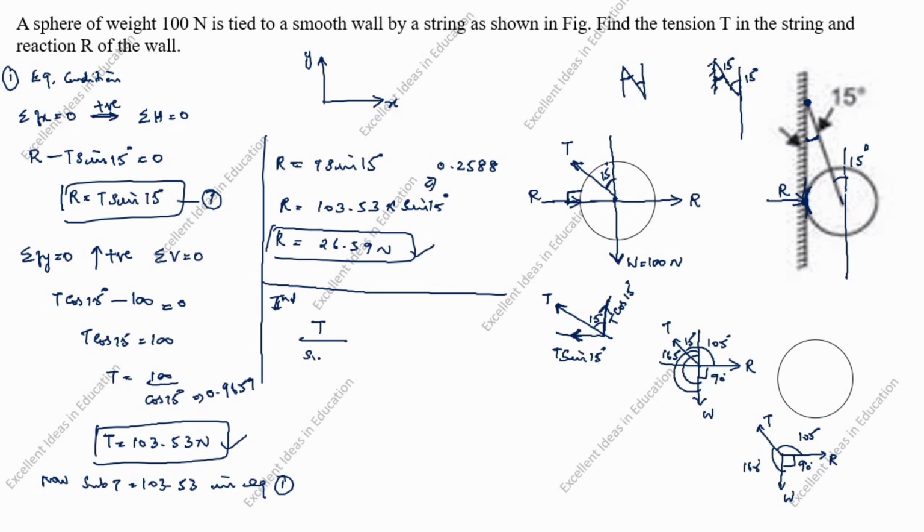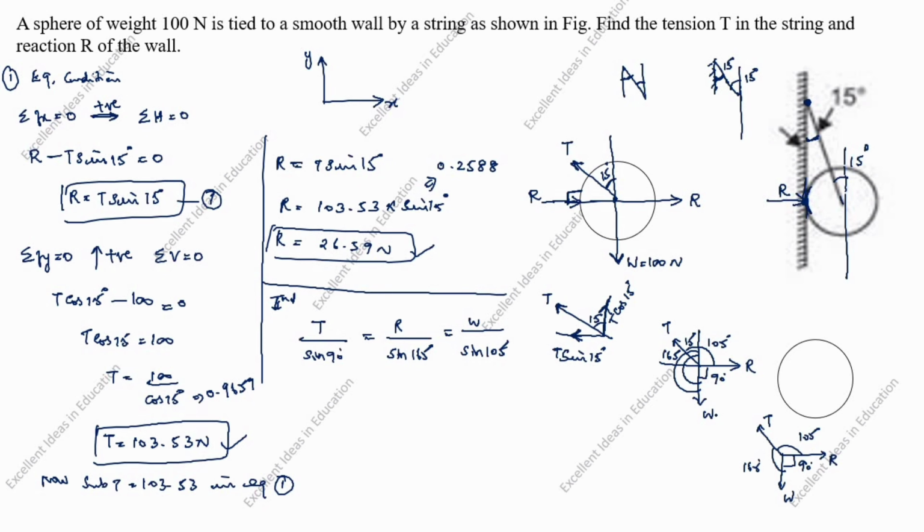Sine 90 equal to R, opposite is 165. So R divided by sine 165 degree equal to, next is W. W opposite is 105 degree. W divided by sine 105 degree.